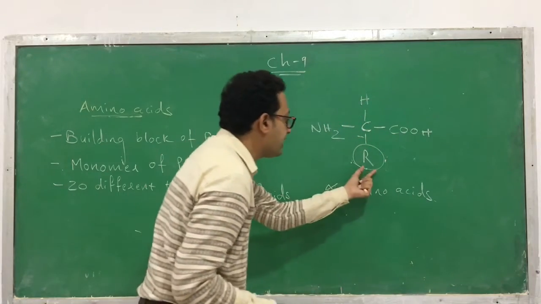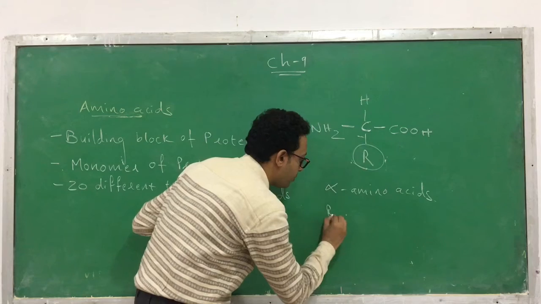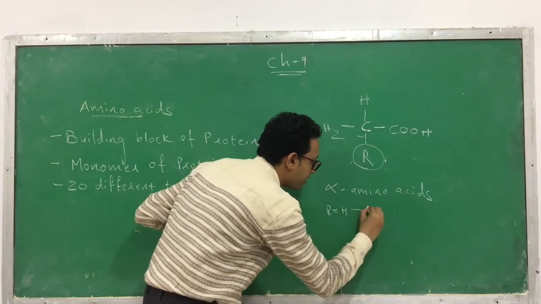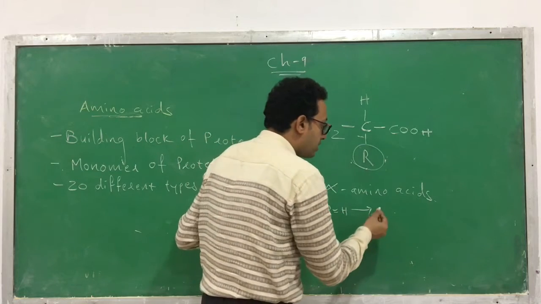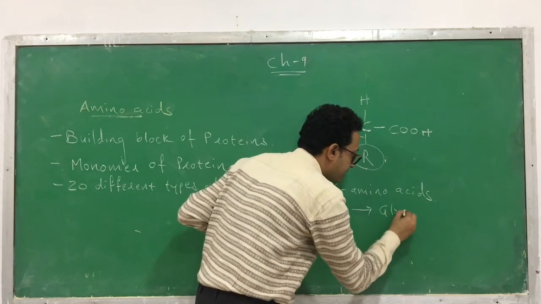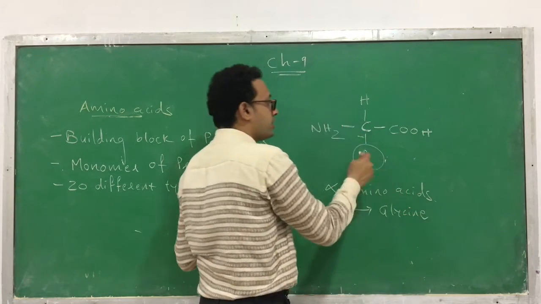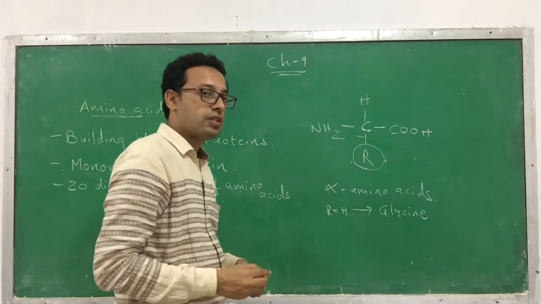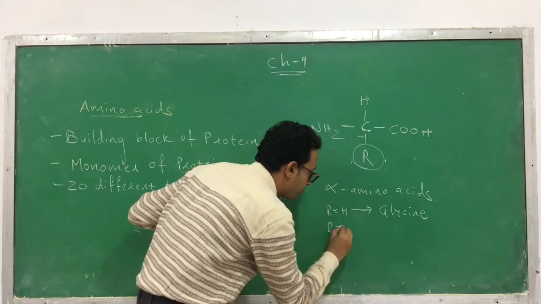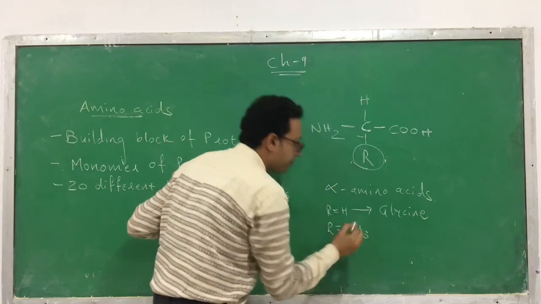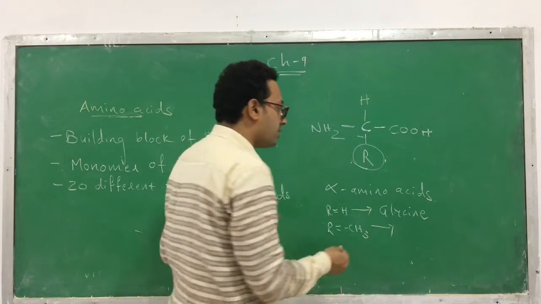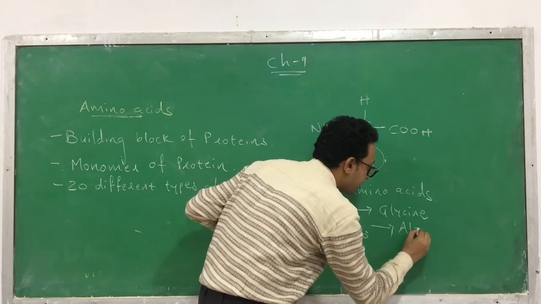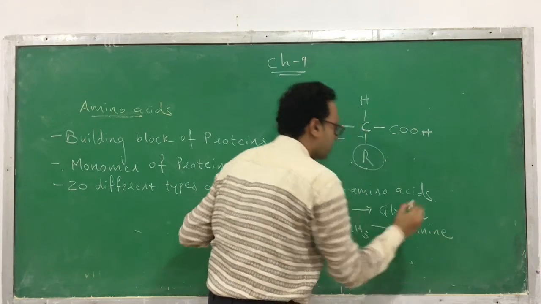If R is equal to H over here, this amino acid is called glycine, which is the simplest amino acid. Here the R is equal to H. If R is equal to a methyl group, CH3, it is called another amino acid, alanine.